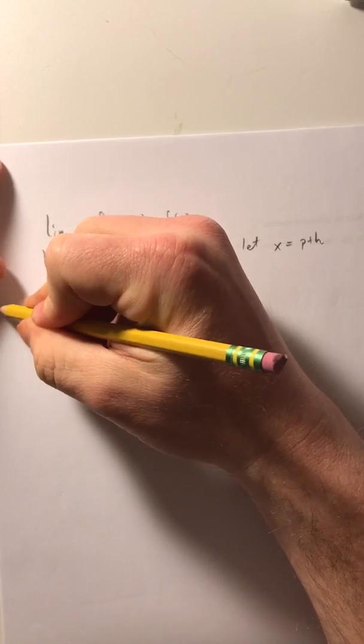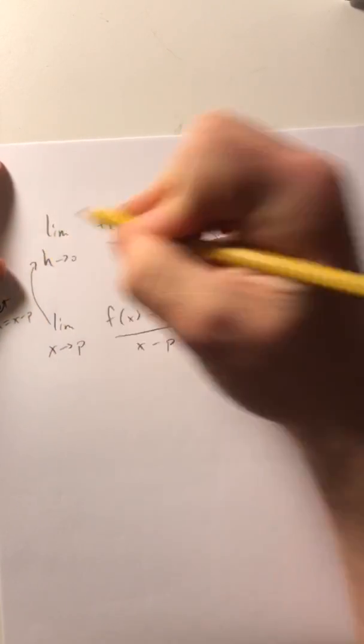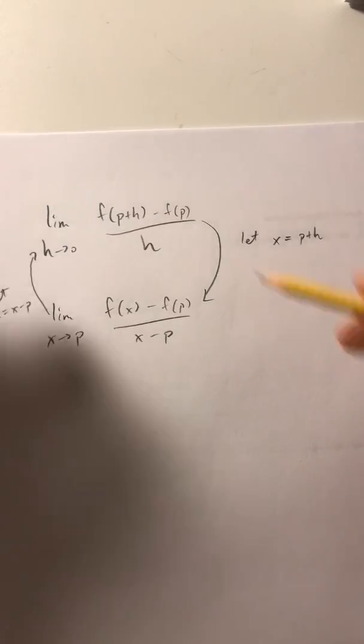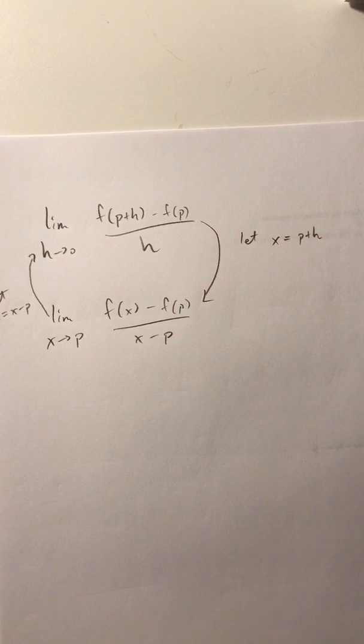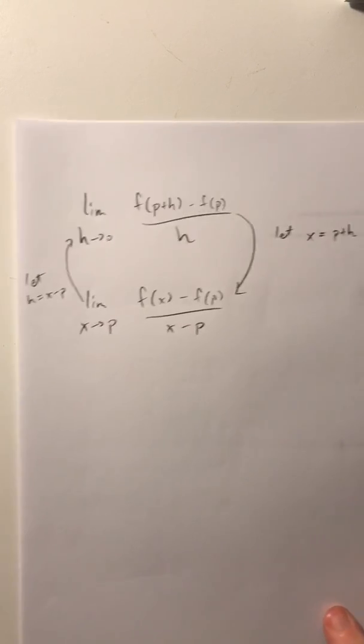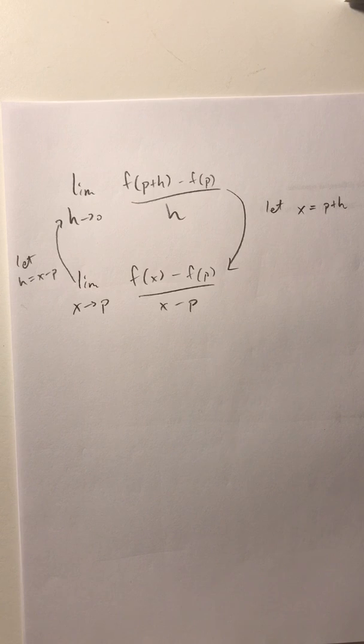If I start with this definition, I can say let h equal x minus p, and then I go from here to here. So if I have one limit, I can get to the other one by just a renaming of variables. So these are two different looking ways of defining the exact same thing. And feel free to use either one.